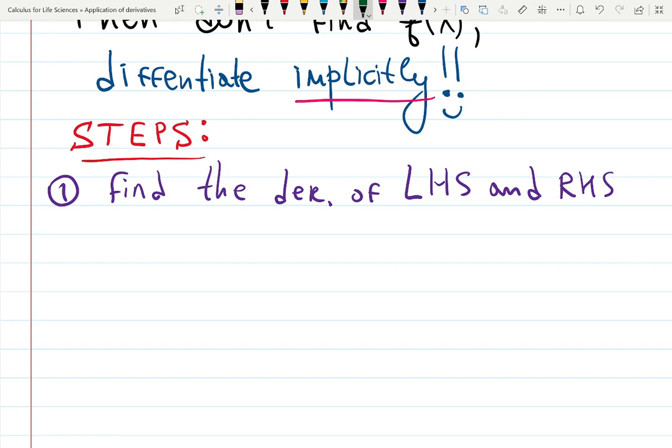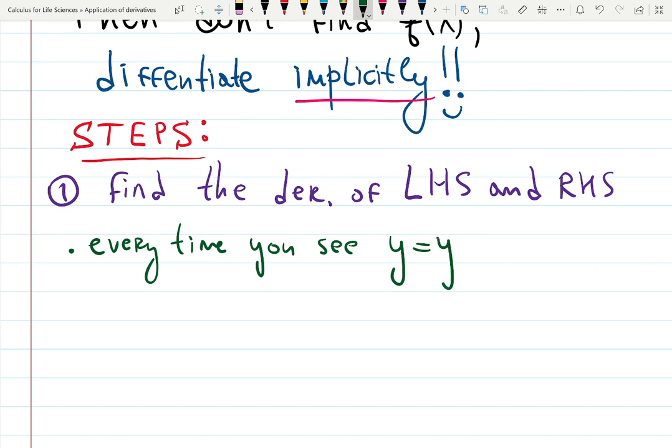The trick is to recognize that y and x are not equal. Every time you see y, you should remember that y is called the dependent variable. Y depends on x, or t time, or g gravitational forces, whatever. Y is your output, which is also called the dependent variable.